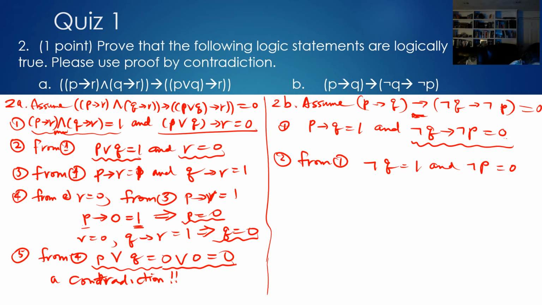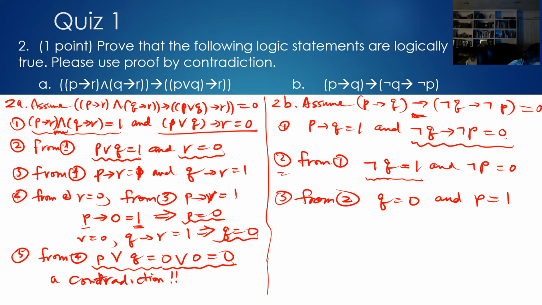So that means antecedent, which is negation of Q, must be 1 and the consequent, negation of P, must be 0. So then from 2, we got the negation of Q is 1, so that means Q must be 0. It's the opposite. And negation of P is 0, so P must be 1.